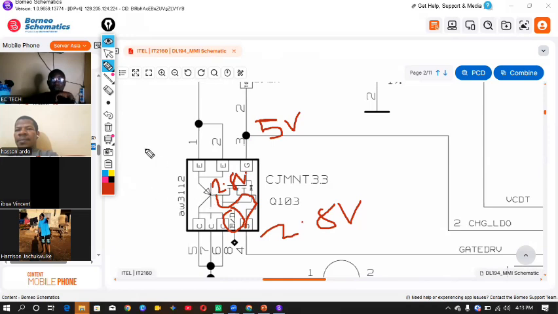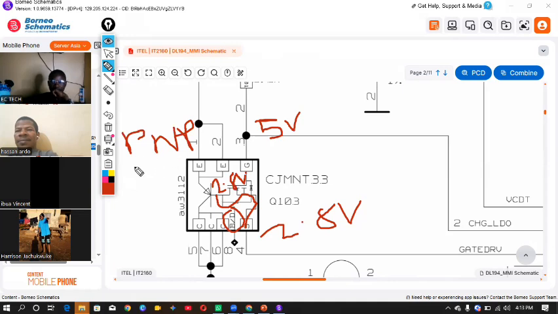And what is the principle of the PNP transistor? What is the principle? The base has to be greater than the emitter. You are wrong.